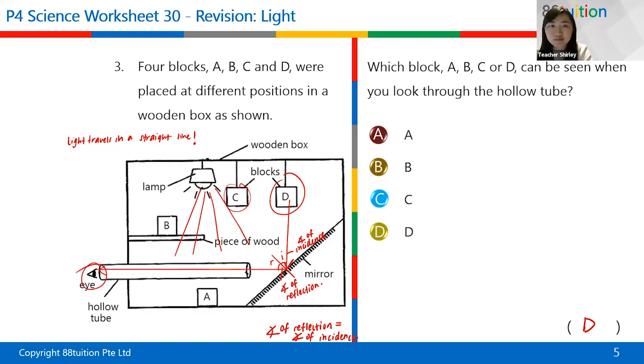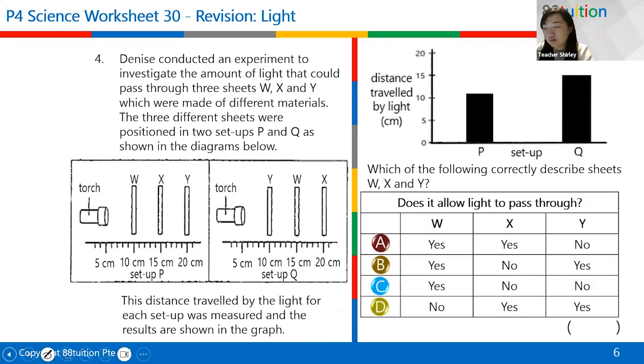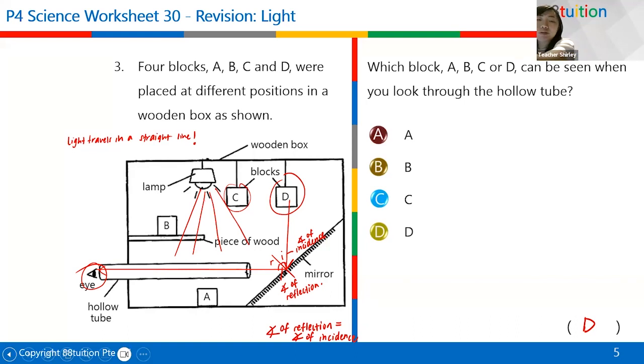Any questions with this? No questions? Okay, we're going to move on. Anybody? I think someone's still writing. I'll give you a bit of time, 2 minutes.